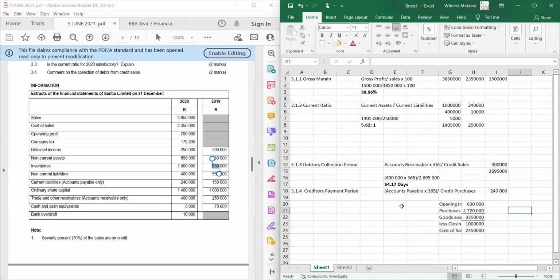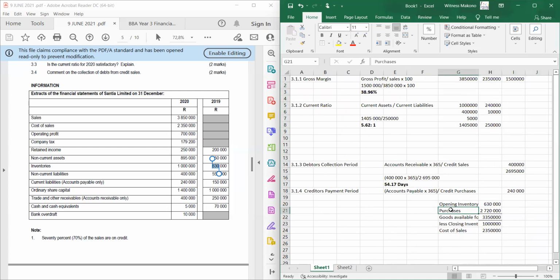So this is actually the calculation of purchases. I think you can see it's clear now. So this is the purchases figure that we want, and you have to work backwards.